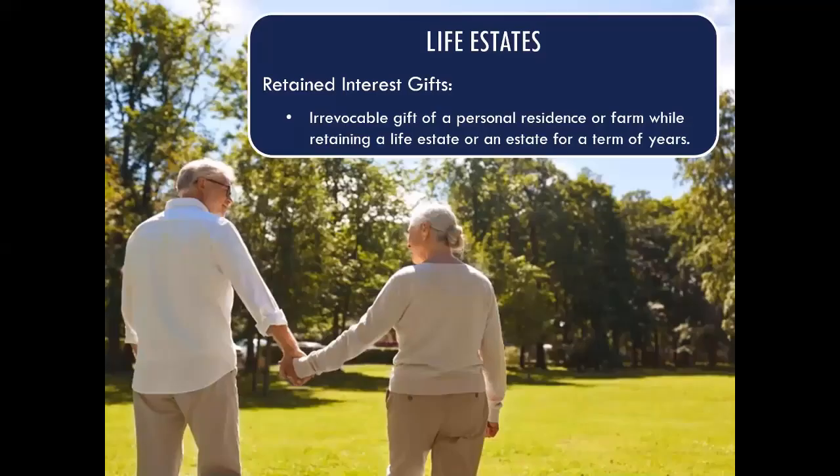And life estates. Life estates are if I have, again, farm or say a personal residence, especially for someone who is older and more advanced in their life. Say I'm 85 years old and still living at home, but I have sufficient other assets that if I need to go into long-term care, it's going to cover that.